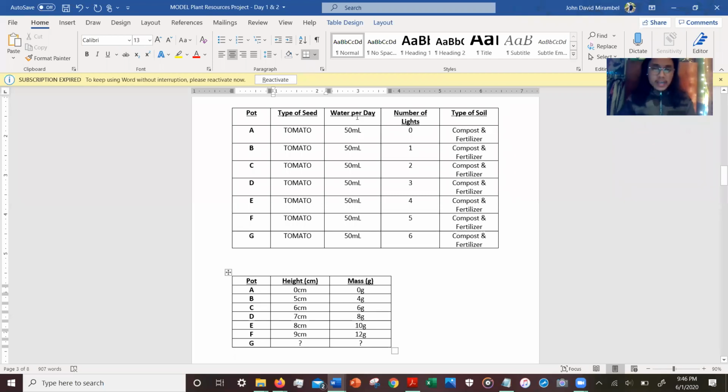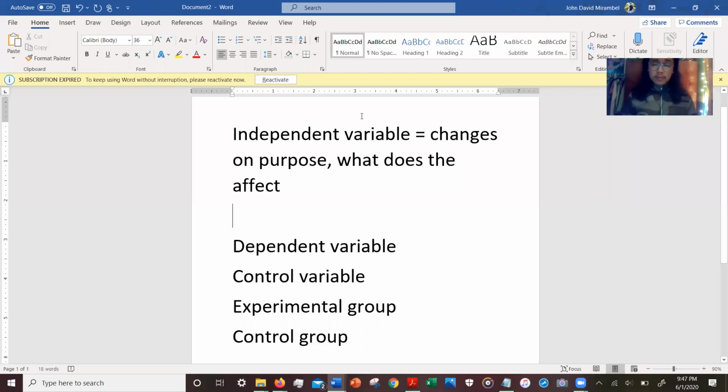We also have an independent variable that is not seen here. This is the number of days. The experimenter here is choosing to perform the experiment over the course of 50 days. So the independent variable, in summary, is what changes on purpose or what does the effect. And in our case, in this experiment, it is the number of lights and time in terms of days.